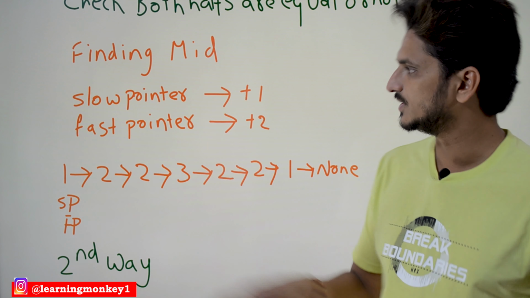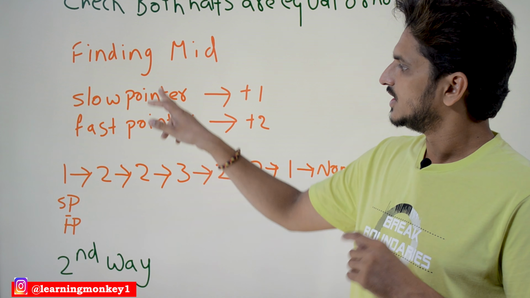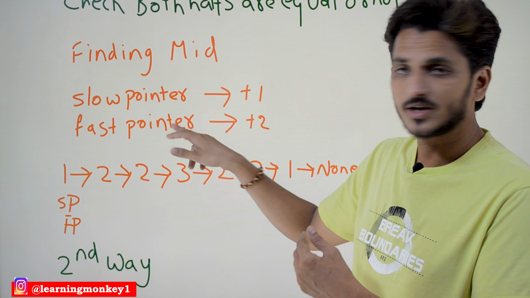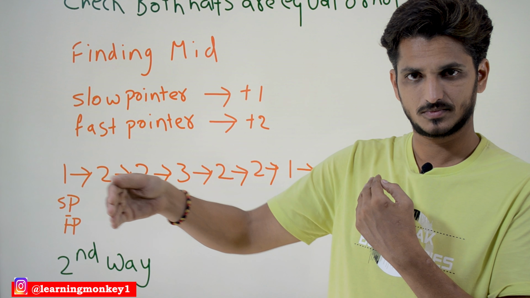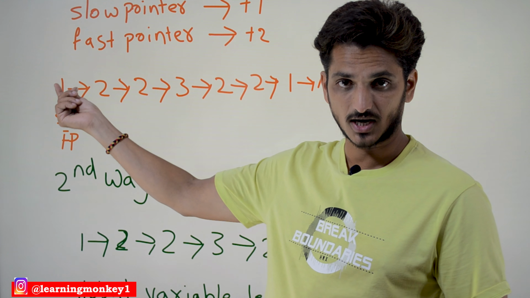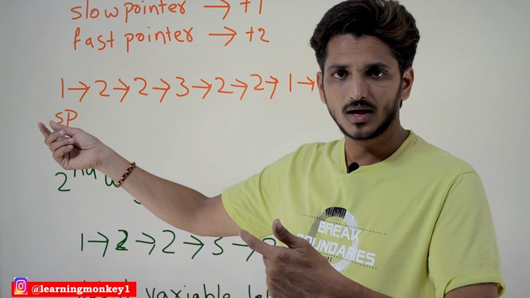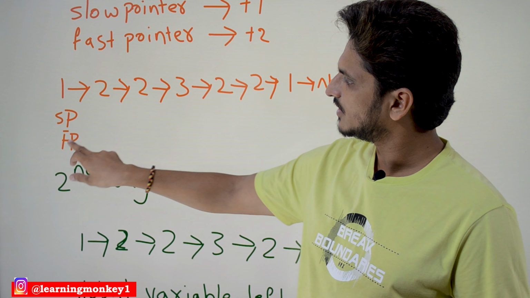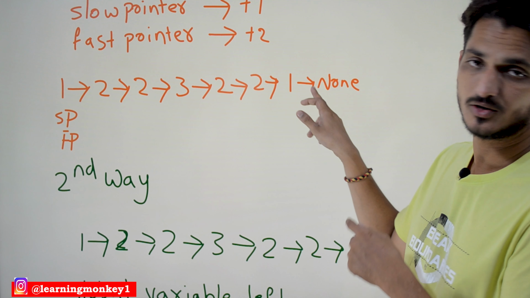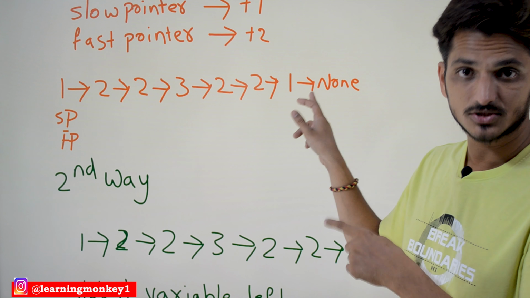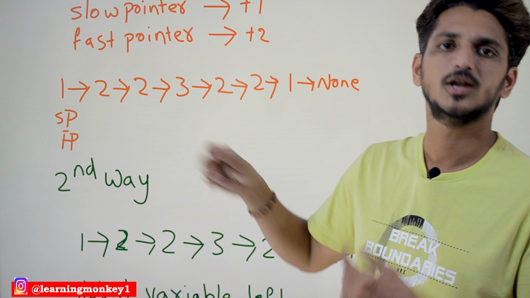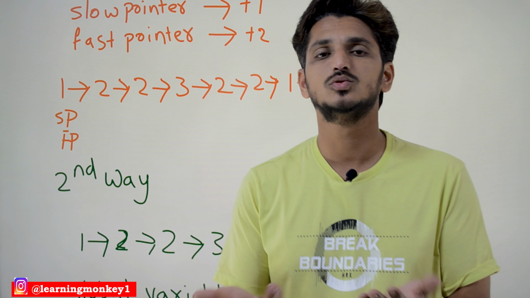That means take two variables, a slow pointer and a fast pointer. The slow pointer moves one step, the fast pointer moves two steps. To find the midpoint, both the slow pointer and the fast pointer start here. Take a loop. The slow pointer takes one step, the fast pointer takes two steps. Whenever the fast pointer reaches the last node, the slow pointer will be at the middle point. In order to identify the middle point, we are using this concept.